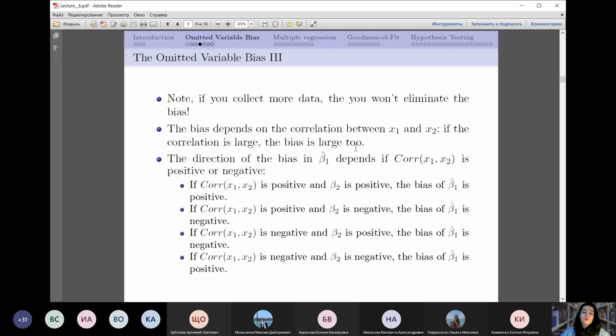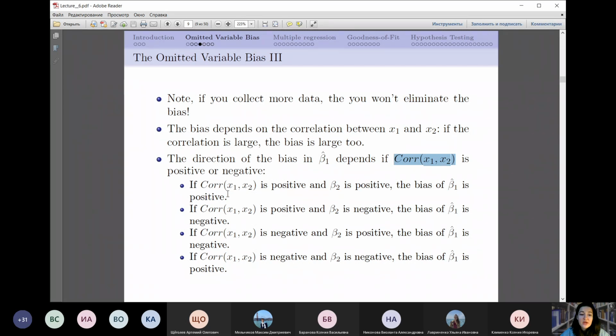The bias depends on the combination of the correlation between independent variables and the size and sign of your beta 2, so you can obtain 4 options.